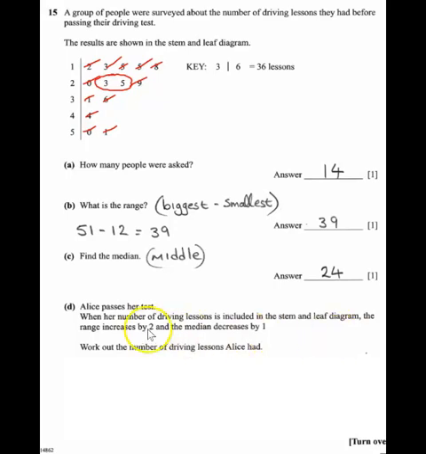So Alice passes her test. When her number of driving lessons is included in the stem and leaf diagram, the range increases and the median decreases. The range increases means it's either going to be on the end of the bigger number or the smaller number of the stem and leaf diagram.